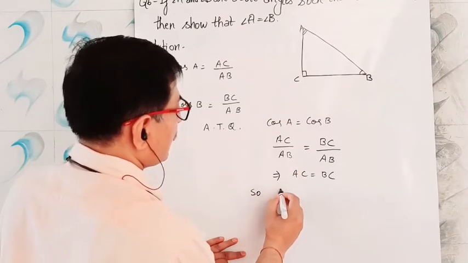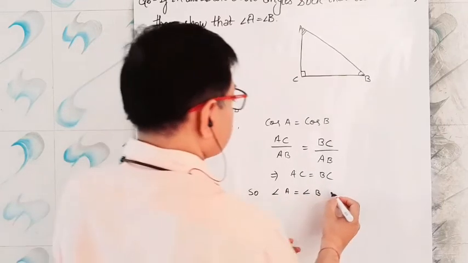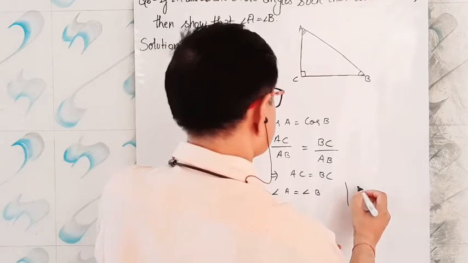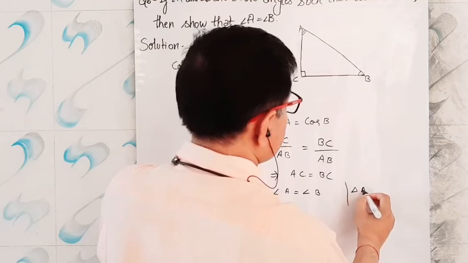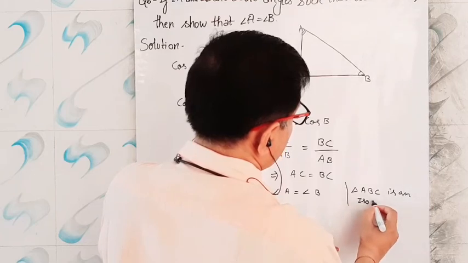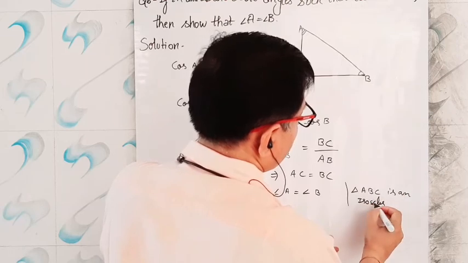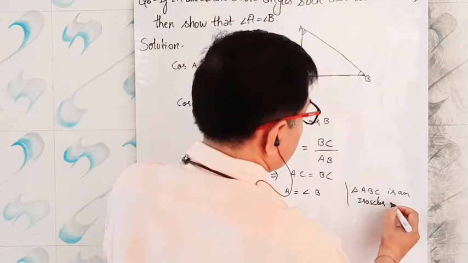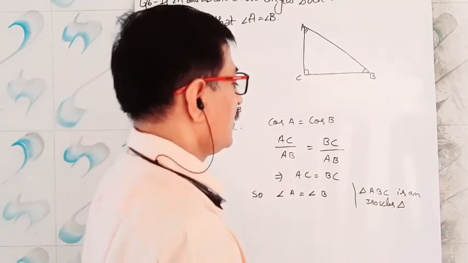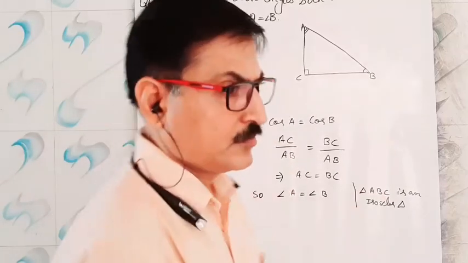So angle A equals angle B. That means triangle ABC is an isosceles triangle. With that we can prove it. Okay, students, thank you.